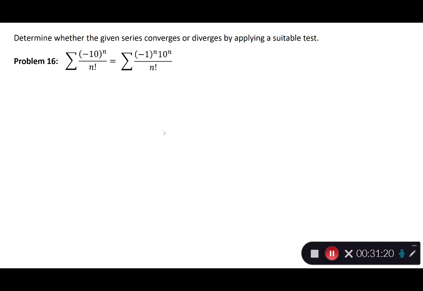Okay. The second point I wanted to make was, notice how I said in the beginning we could apply ratio test. If some of you came up with, hey, I want to apply ratio test because I see factorial and r to the n, you're right. You're absolutely right. But I'm saying we can apply alternating series test because this is an alternating series.